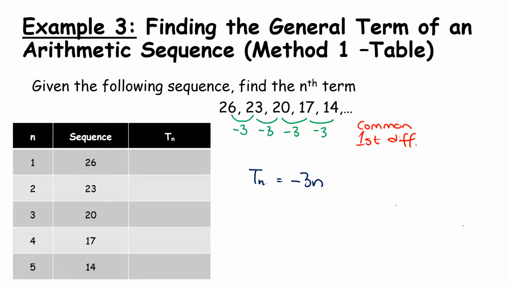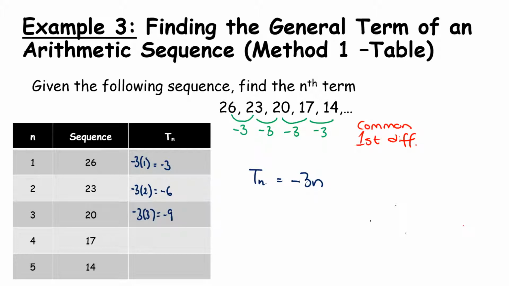Okay. So what I'm going to do is say, well, look, if I have Tn as minus 3n, here I have minus 3 times 1, which is minus 3, and here I have minus 3 by 2, which is minus 6, and minus 3 times 3, which is minus 9.